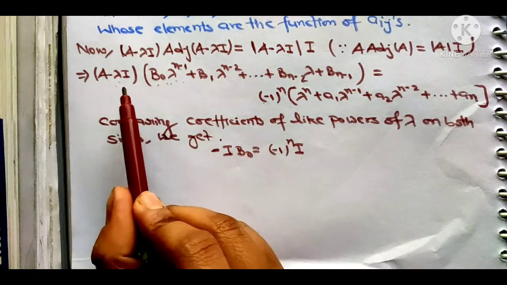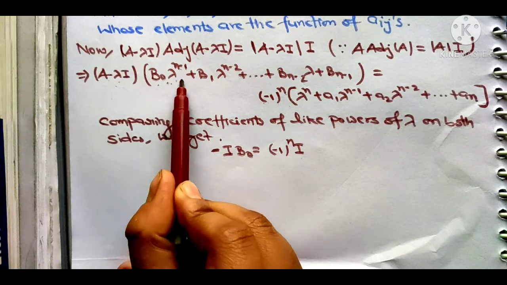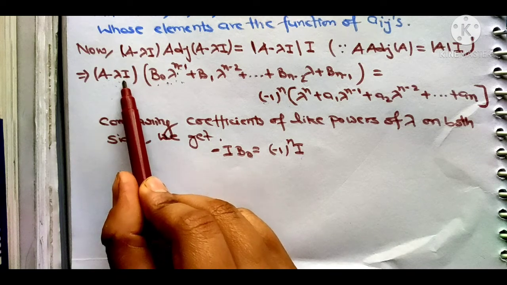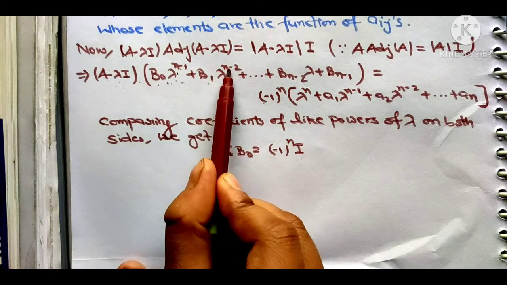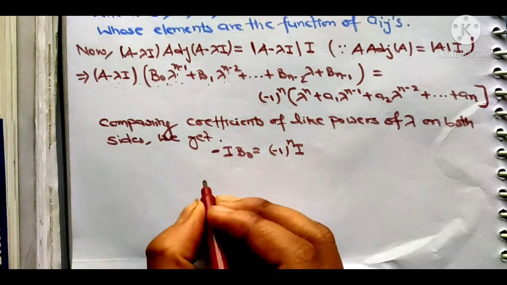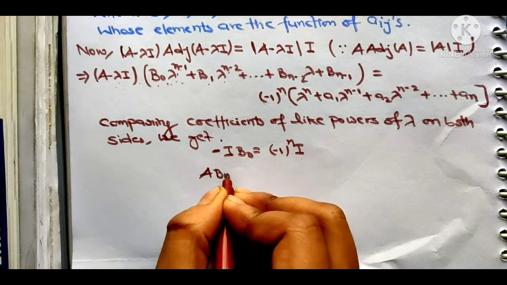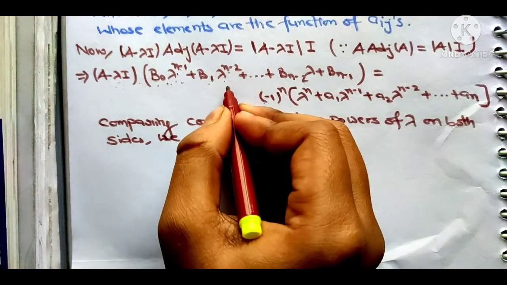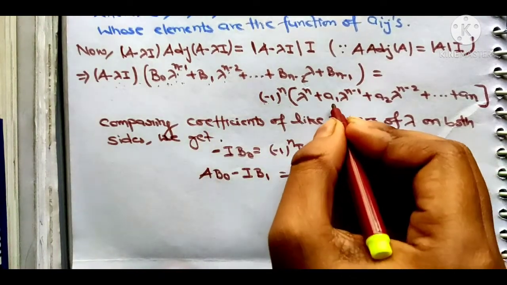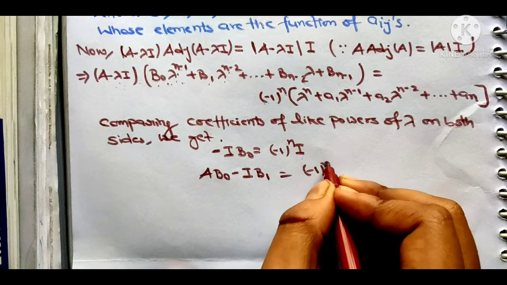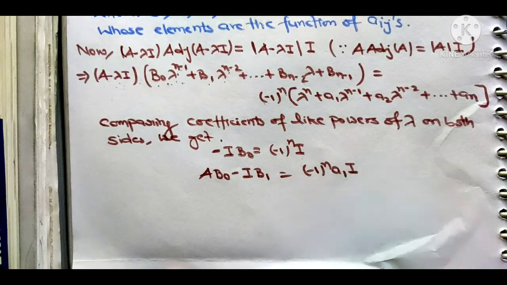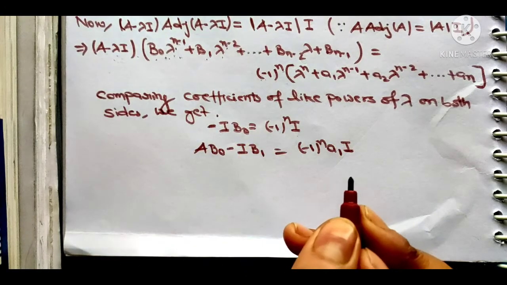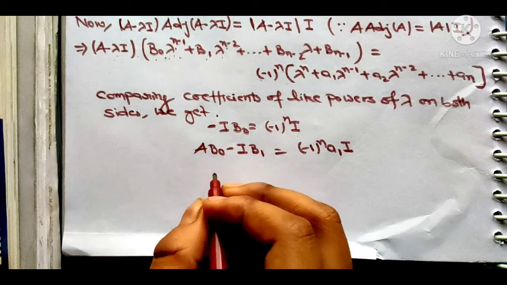As well, if we multiply A B0 lambda^(n-1) and lambda I into B1 lambda^(n-2), we get A B0 minus I B1, and on this side we get (-1)^n a1 I. Similarly, we compare the coefficient of lambda^(n-2).